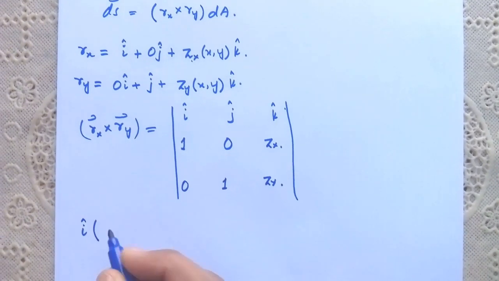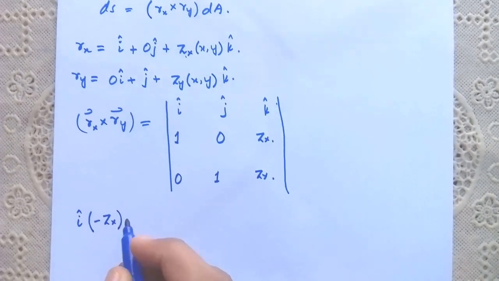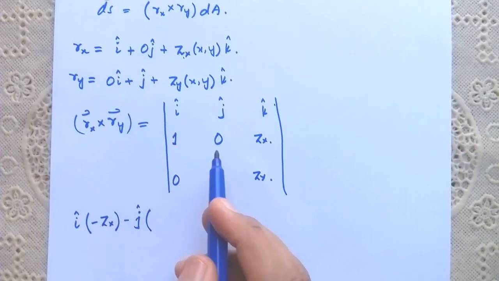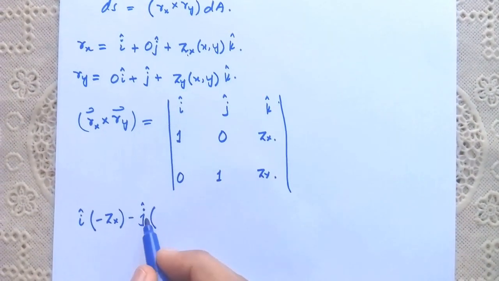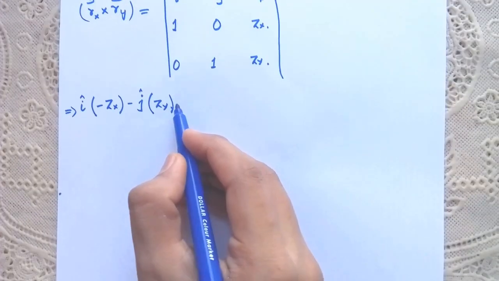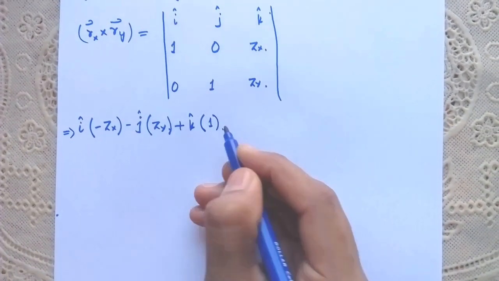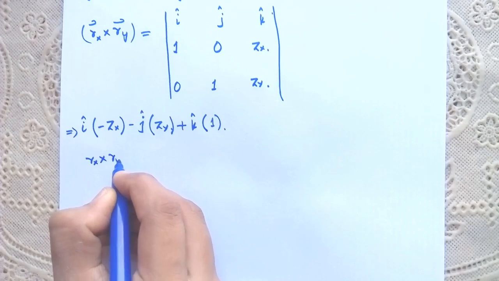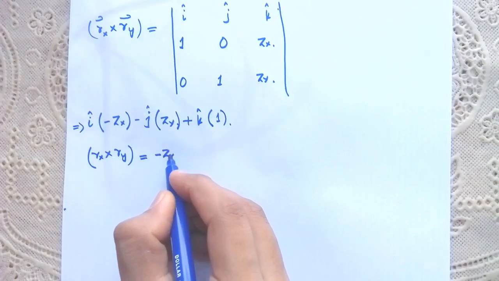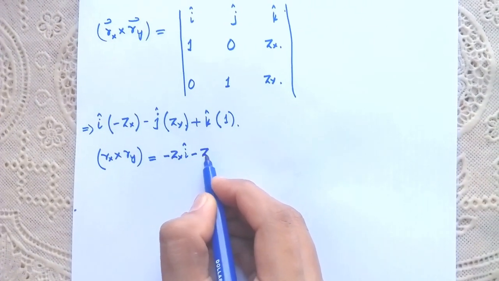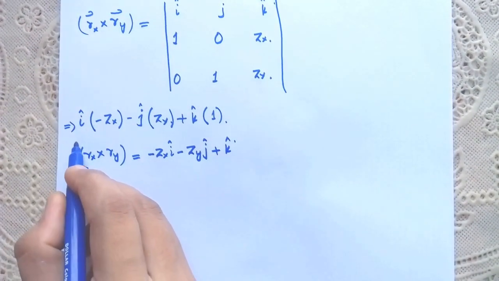So i cap and minus zx, minus j cap and zy, plus k cap and 1. So rx cross ry is equal to minus zx i cap minus zy j cap plus k cap, right?